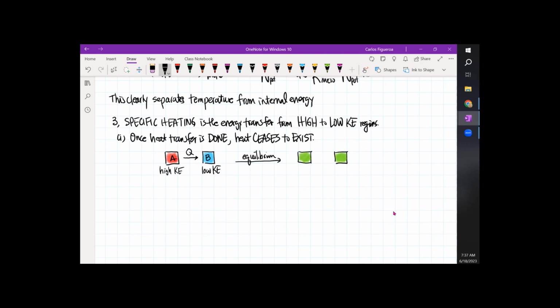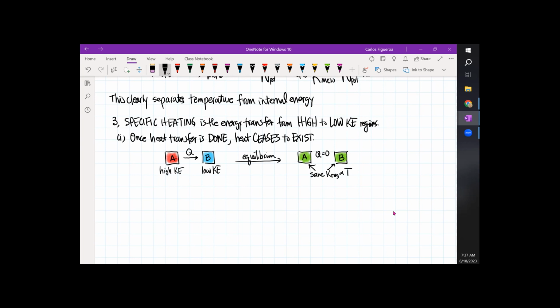So if I look at block A and I look at block B, what I'm saying here is that they have the same KRMS, which is proportional to temperature. So in other words, heat is now zero.